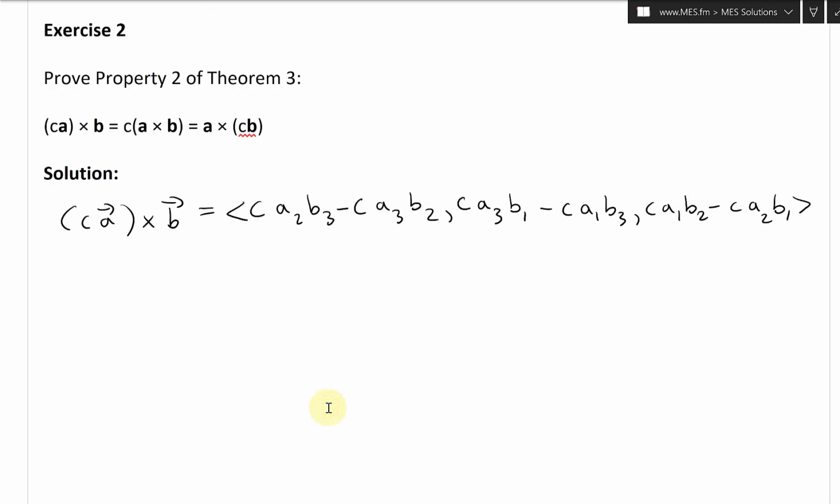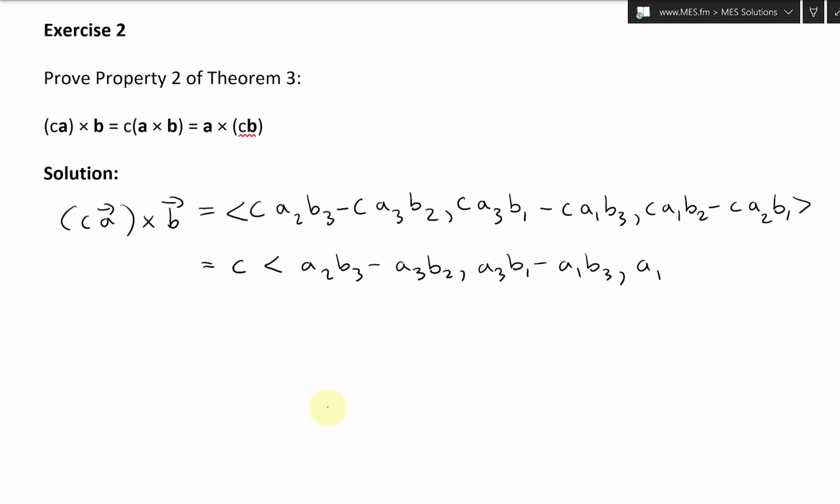Now that we have all this, we can factor out the C, and that becomes our usual cross product: A2, B3 minus A3, B2, then A3, B1 minus A1, B3, and then A1, B2 minus A2, B1. In other words, this just equals C times bracket A cross B.